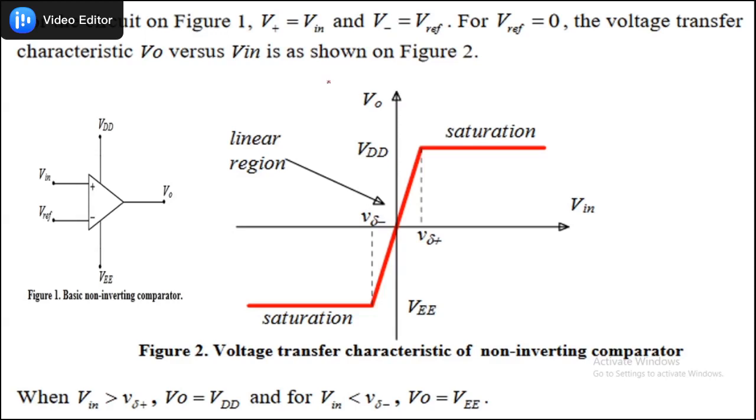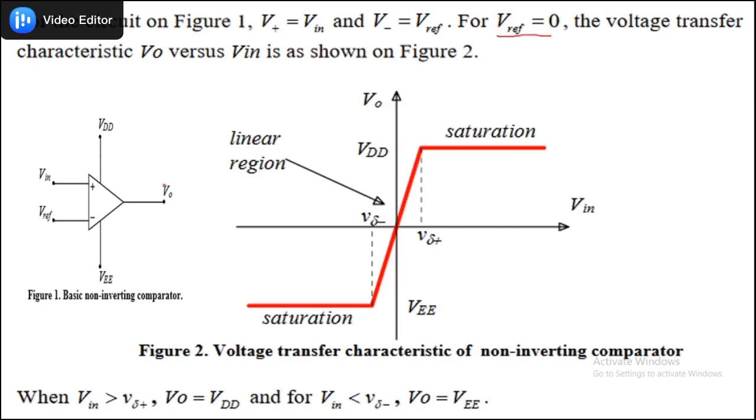Here we are discussing the transfer characteristics. Transfer characteristics are nothing but the relationship between the output and the input voltage. Here we are assuming Vref is equal to 0.